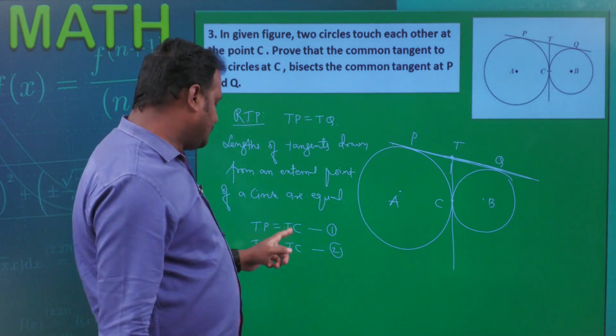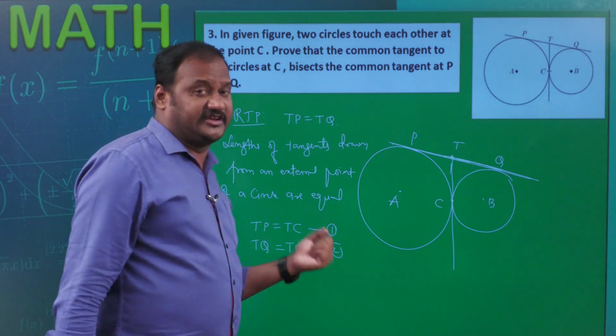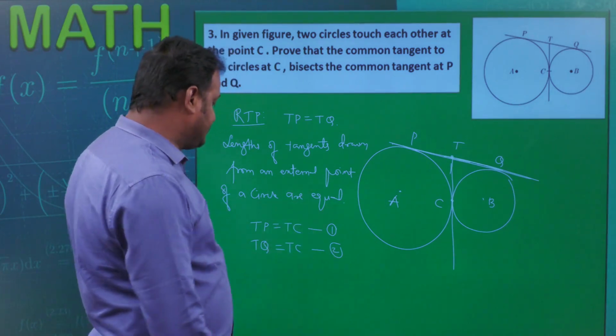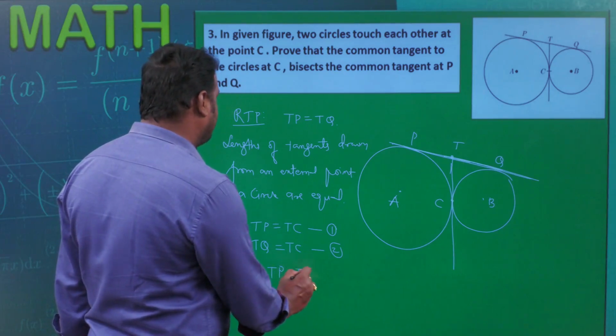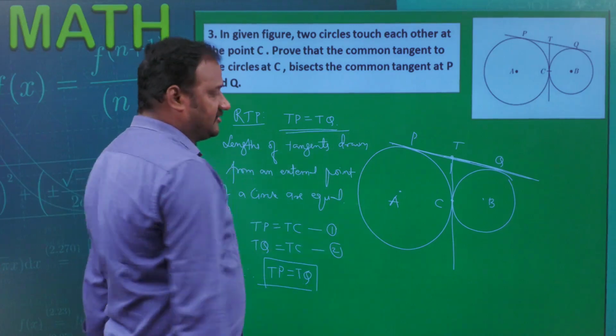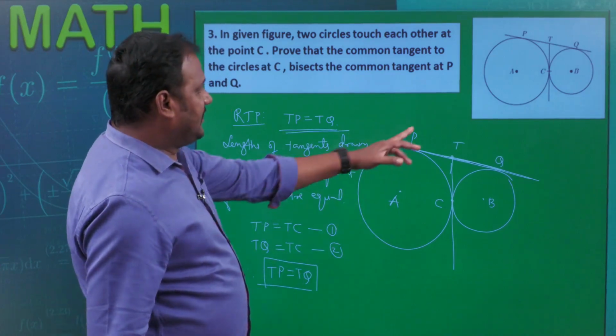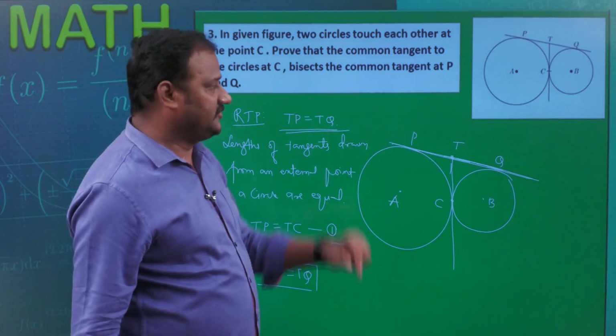If you observe both, TP is equal to TC, TQ is also equal to TC. So both are equal to TC. Can we say that TP is equal to TQ? Therefore, TP is equal to TQ. This is what we want, right? TP is equal to TQ. Therefore, T bisects the line segment PQ. That is what you need to prove.